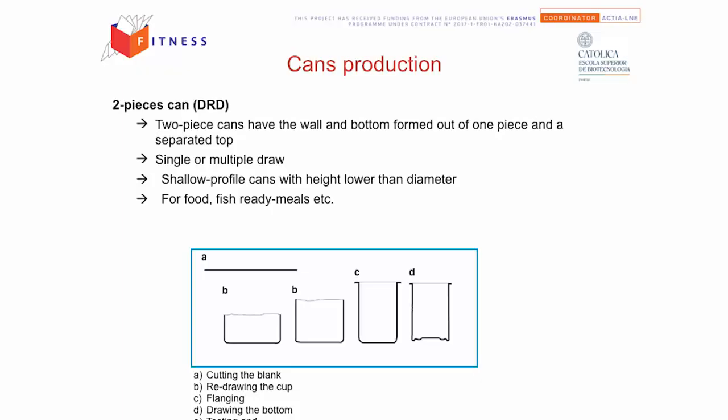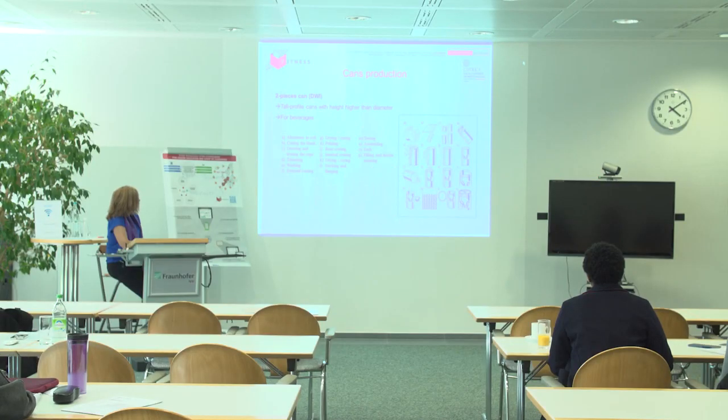So we start with a sheet, and then we start to draw the can, but we don't change the thickness of the metal. This is how a redraw can is produced.